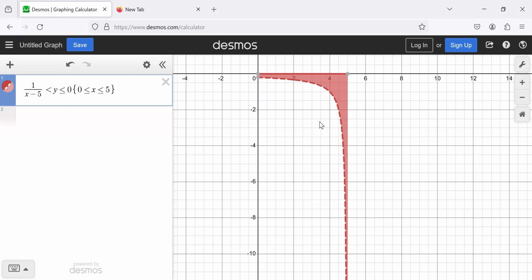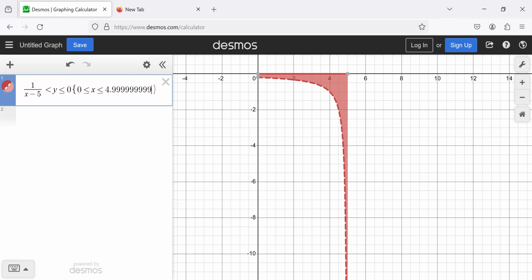Does this area exist? Well, you can probably imagine what we're going to do. 5 gives us a division by 0 error, but 4.9 doesn't, and 4.99 doesn't, and 4.999 doesn't.